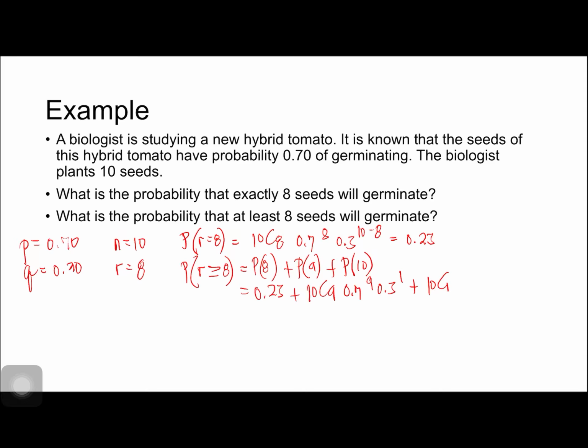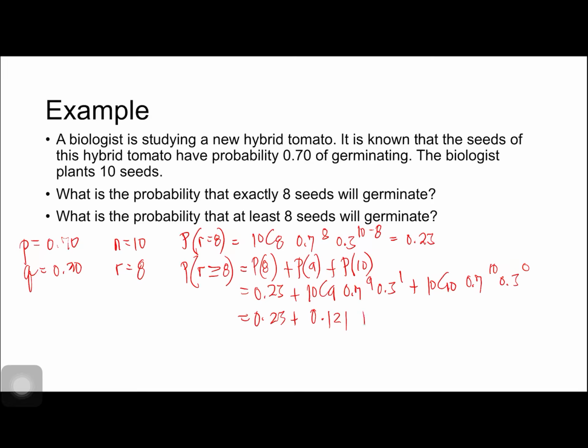For 10, we have 10C10 times 0.7 raised to 10 times 0.3 raised to 0.